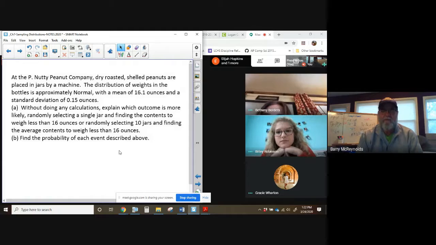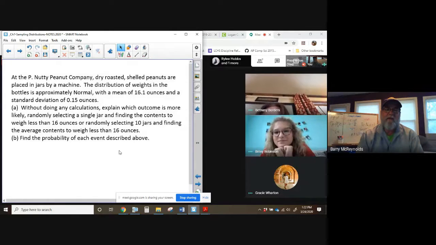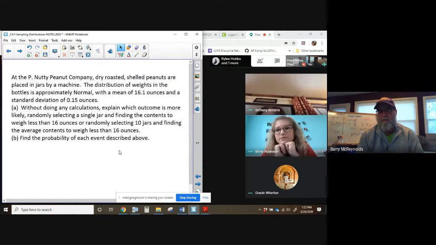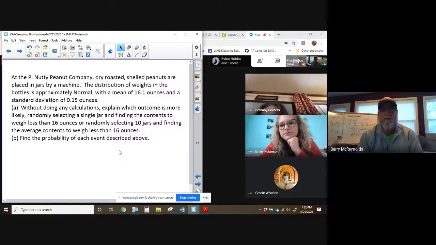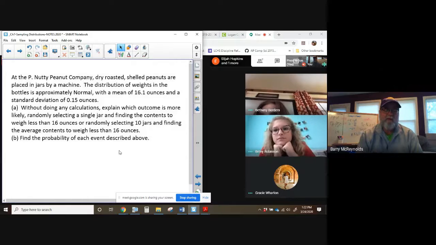They're in the job of making dry roasted peanuts, and so with a simple random sample of 10, the population only has to be larger than 100. So do we think that they've probably made more than 100 jars of dry roasted peanuts? Yes. And we're going to say, yeah, that's a pretty good assumption. With a name like Peanutty Peanut Company, they're pretty big.